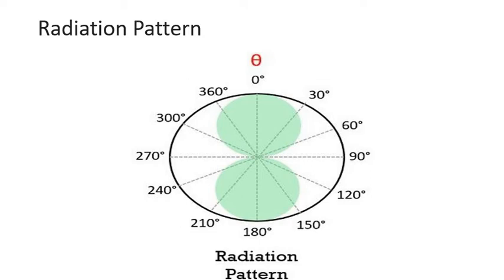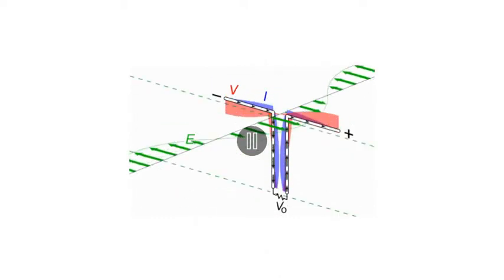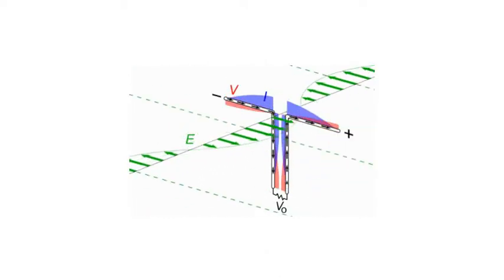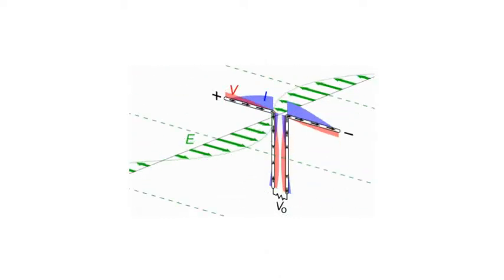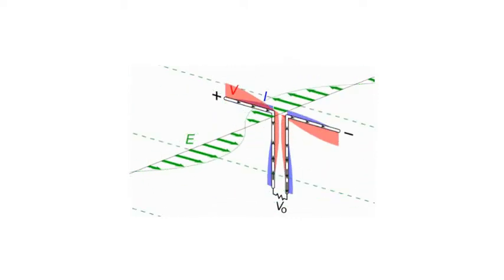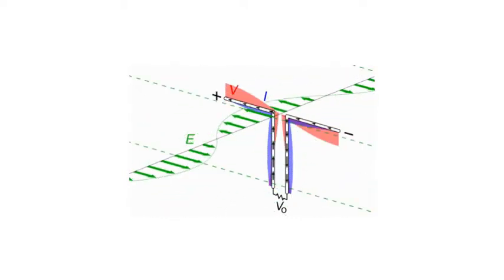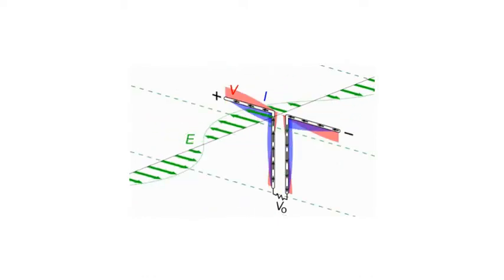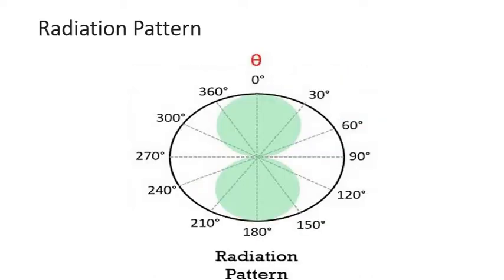The radiation pattern of the dipole antenna is as we can see here. We can see the voltage, the negative half cycle and the positive half cycle are the same. So this is the pattern where it produces omnidirectional radiation, working over 0 to 180 degrees.